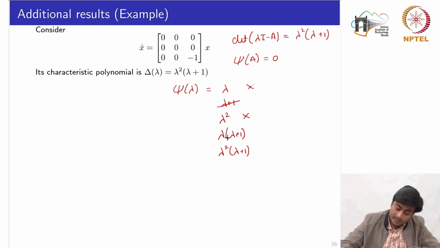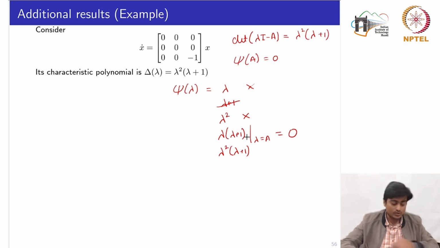So if I replace here by A, you would notice that by putting lambda equal to A, it becomes equal to 0. So the minimal polynomial of this system is given by lambda times lambda plus 1. Now if I compute the eigenvalues or the roots of this polynomial, it contains a simple root only at lambda equal to 0.